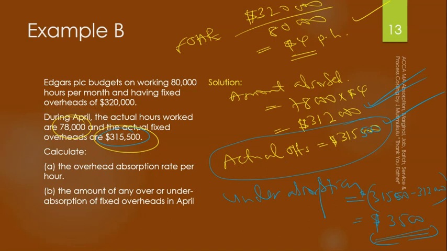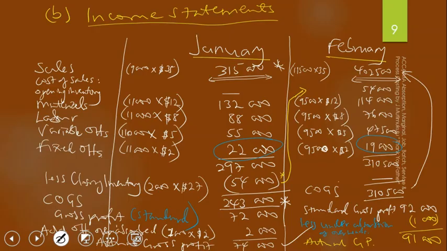According to our plan, we under-absorbed. And I'm sure this one is again consistent with what we discussed in this example. This example showed us that we had a similar situation.